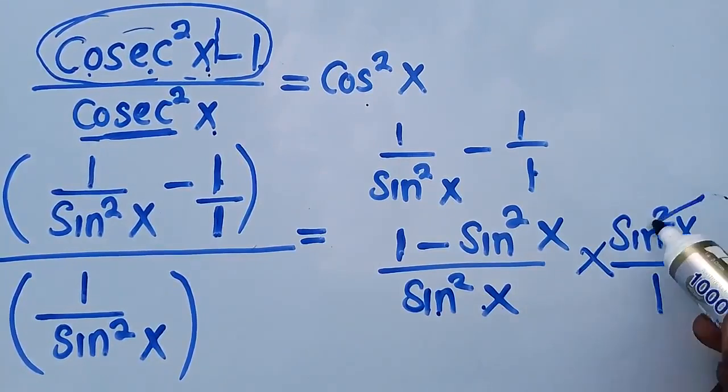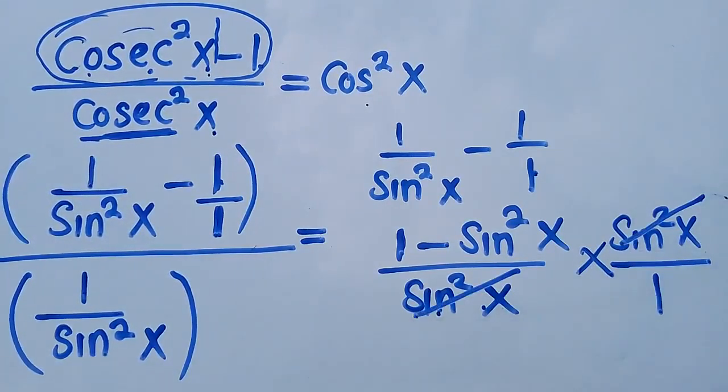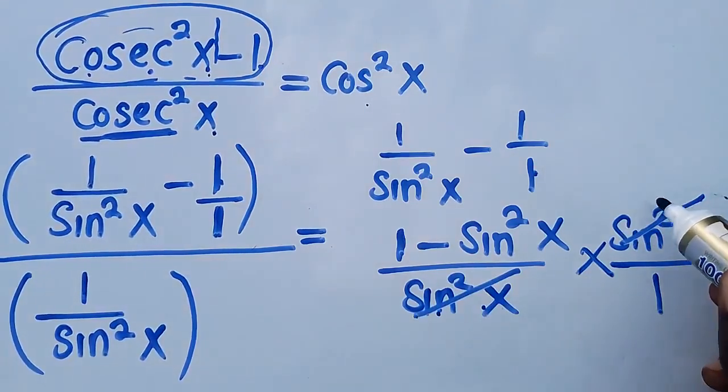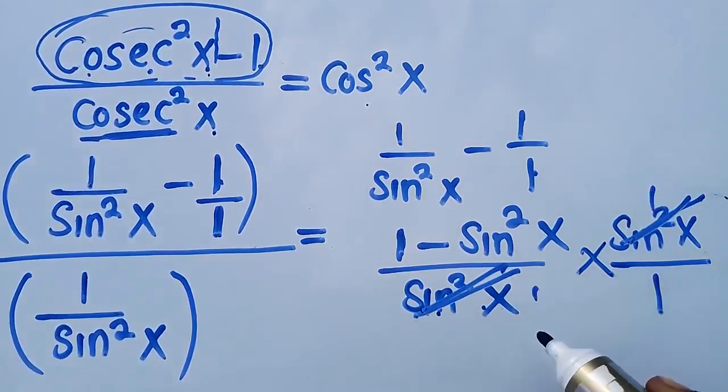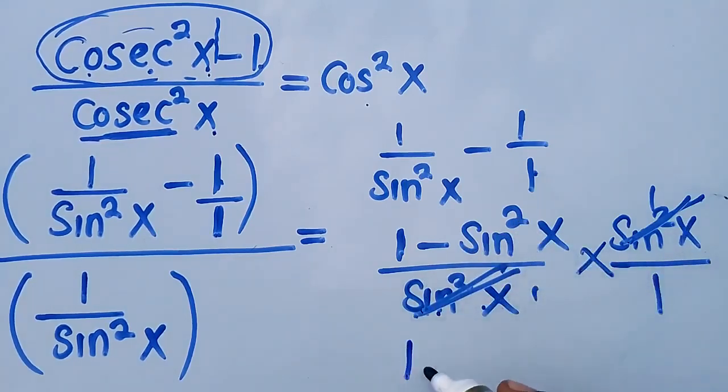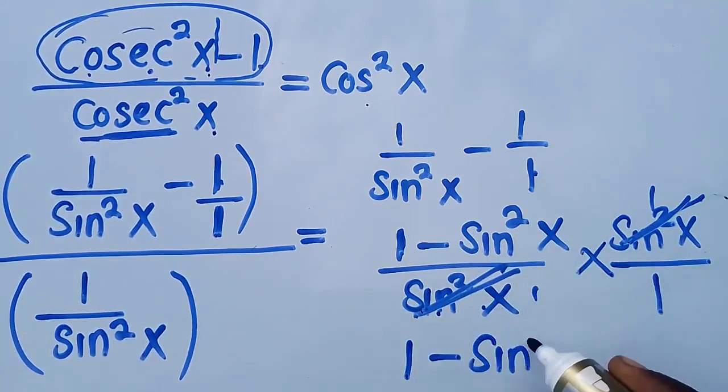So this one and this one are going to cancel out. The 1 minus sine squared x times 1 is 1 minus sine squared x.